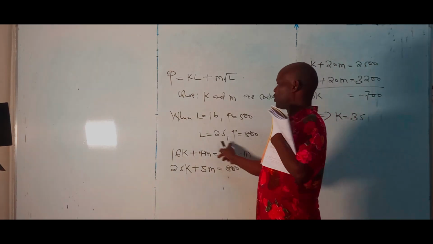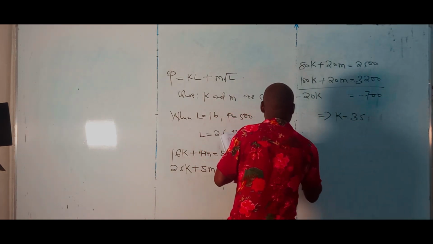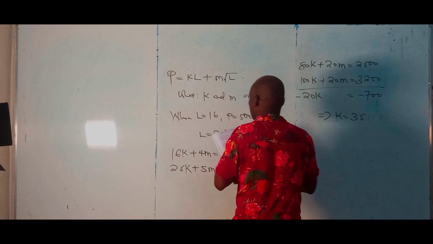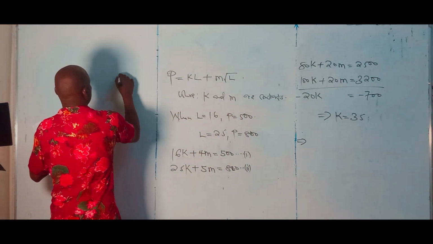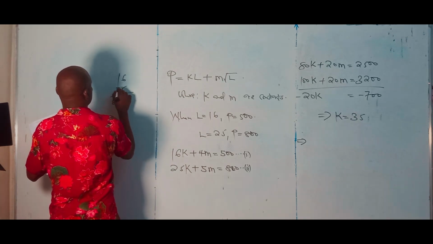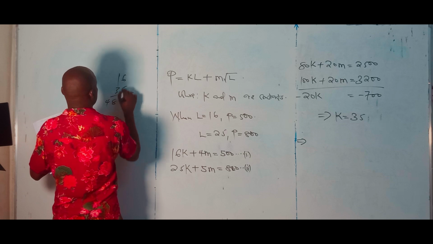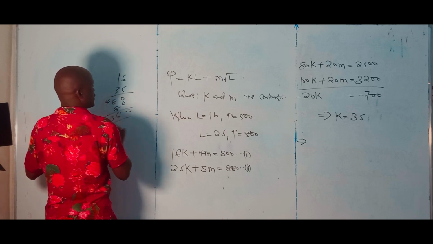So I want to substitute it in the first equation. 16 times 35 is 560.